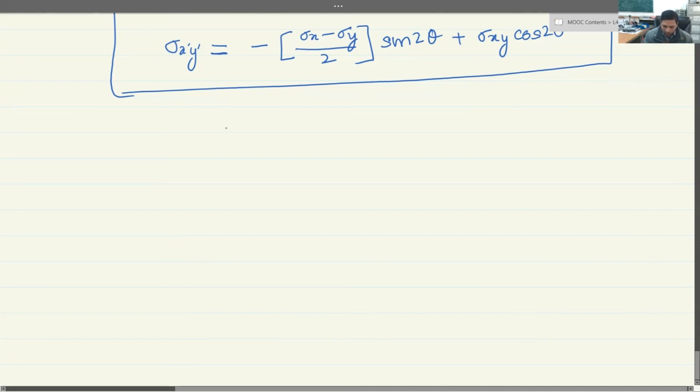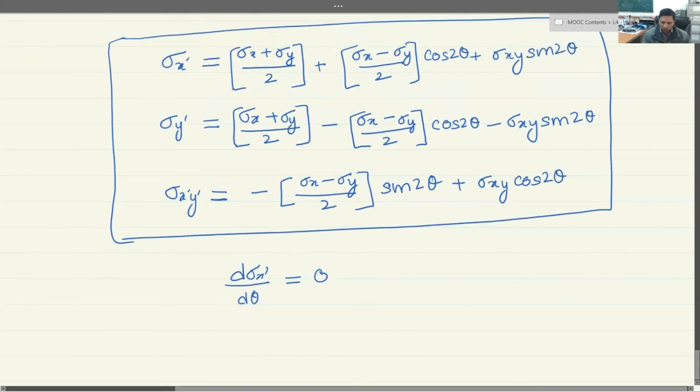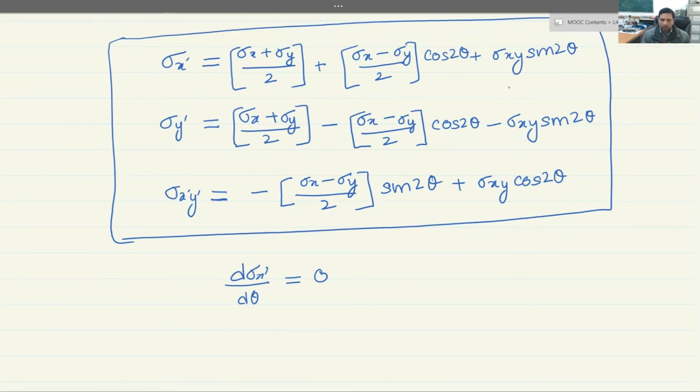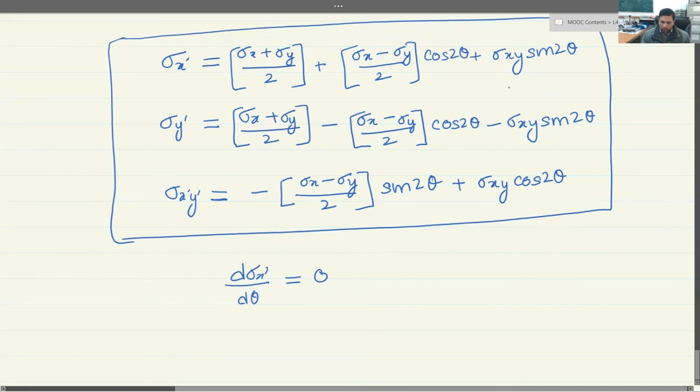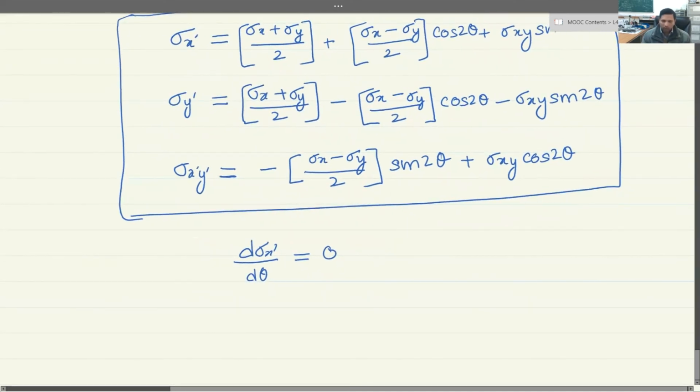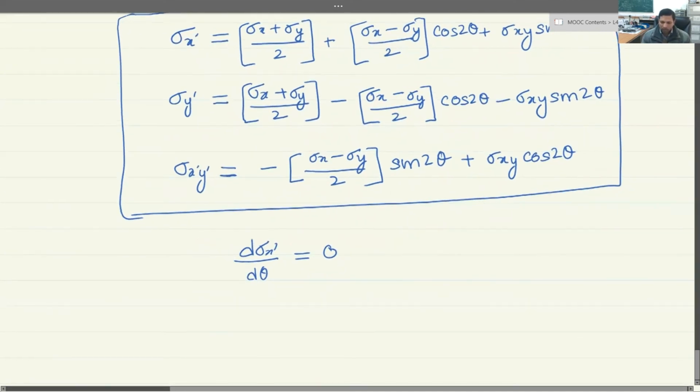So going with the first condition, we know that d sigma x prime by d theta is equal to 0. So if we differentiate the first equation with respect to theta, and assuming that it is giving us the maxima, or we can check for that, d2 sigma x by d theta square is less than 0, then we know we are getting maxima.